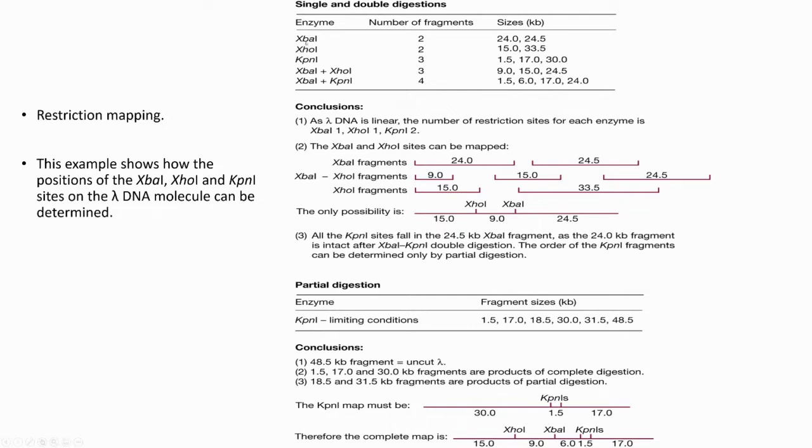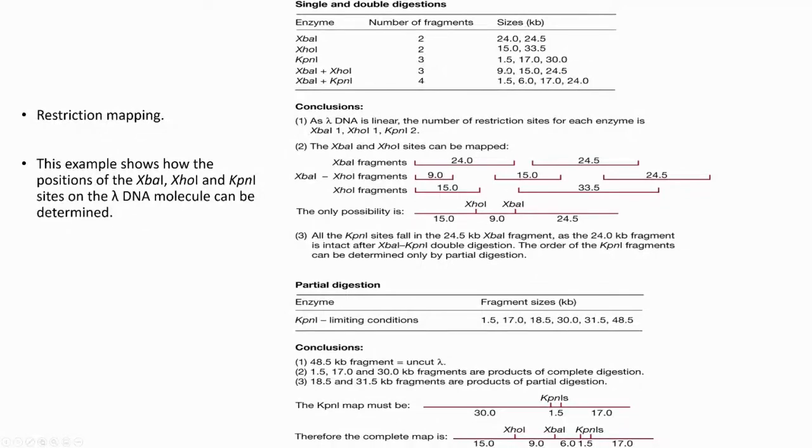First of all, look at the single digestion SbaI. It gives you two fragments, so you know there's one cut site for SbaI, right? 24 and 24.5. Now we look at the double digestion, three fragments, 9, 15, 24.5. So we know the 24.5 fragment is untouched, but the 24 fragment has been cut to 9 and 15 in the presence of SphI, so this fragment must have the SphI cut inside to give you 9 and 15.